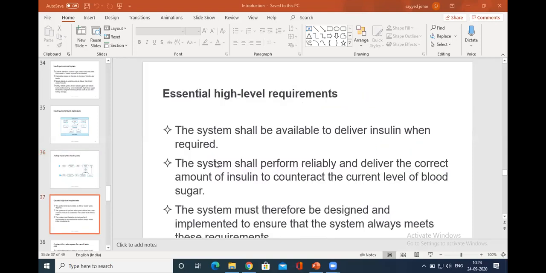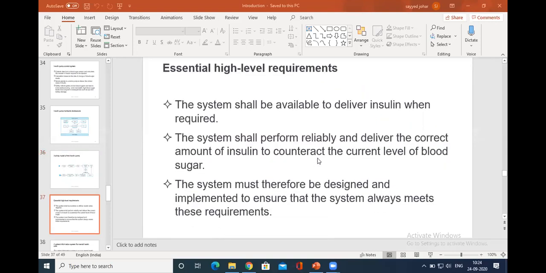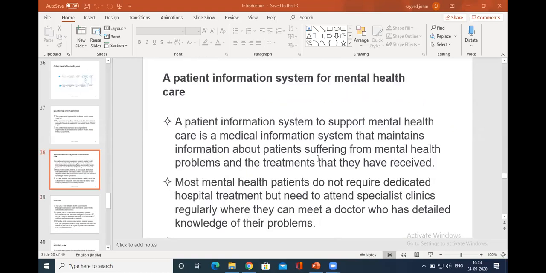So let me move to the patient information system for mental health care, that is MHC-PMS. Basically it consists of a database.